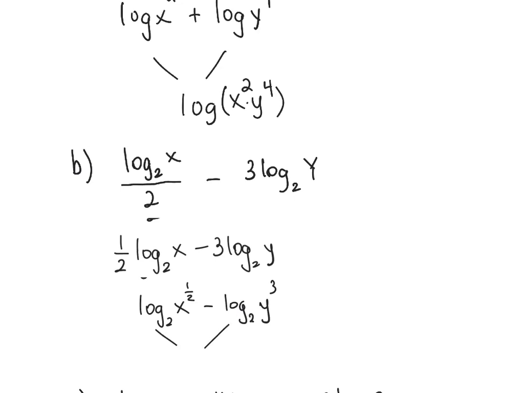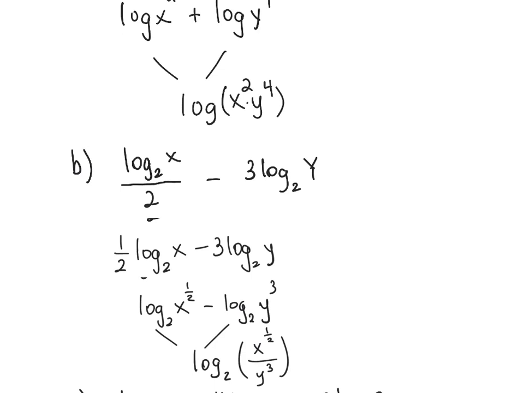The two logarithms can be condensed into one single logarithm, base 2. And now since there's a minus sign here, we're going to have a quotient. This is my numerator, this is my denominator. So x to 1/2 divided by y cubed. And that would be the final form of the answer.